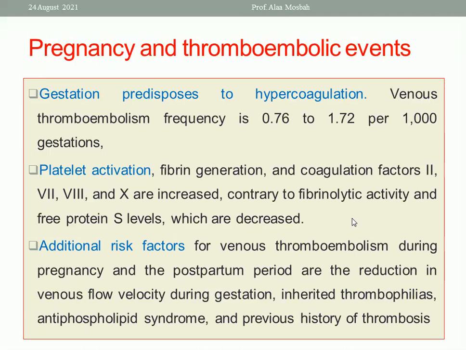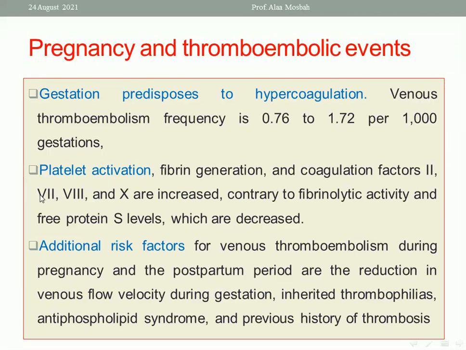Add for this, the patient may carry other risk factors for thromboembolism, like inherited thrombophilia or antiphospholipid syndrome, and may have a history of previous deep venous thrombosis. So during a pregnancy, there is risk of thrombosis.